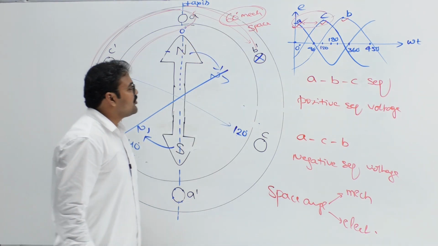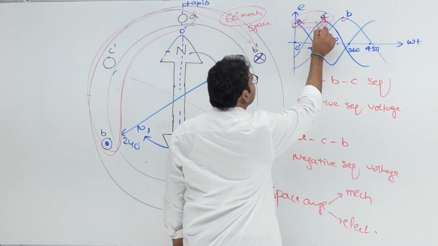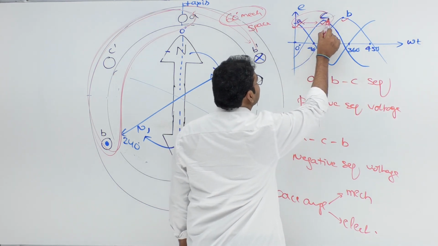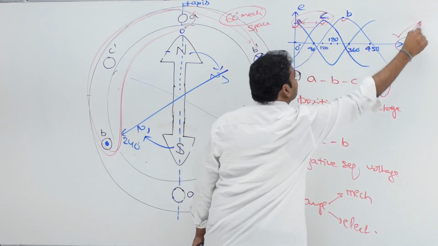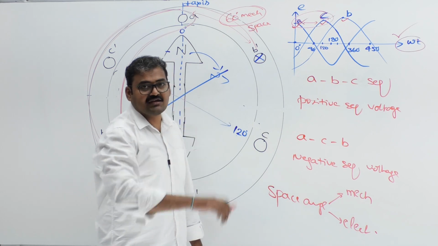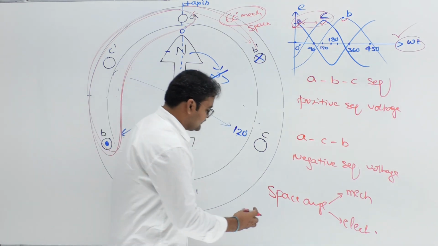Suppose I ask you what is the angle between phase A voltage and phase C voltage here. Voltages and currents are always expressed with respect to time. That is time angle. Time angle is always electrical angle only.